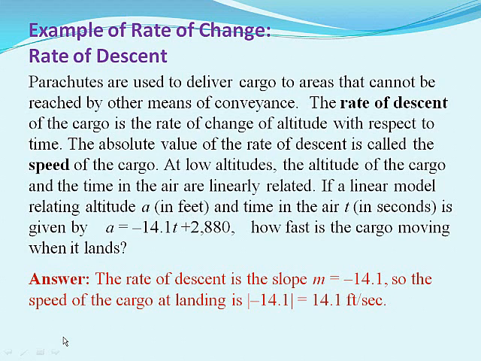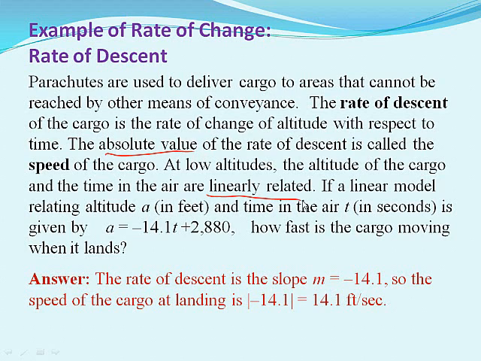Parachutes are used to deliver cargo to areas that cannot be reached by other means of conveyance. The rate of descent of the cargo is the rate of change of altitude with respect to time. The absolute value of the rate of descent is called the speed of the cargo.